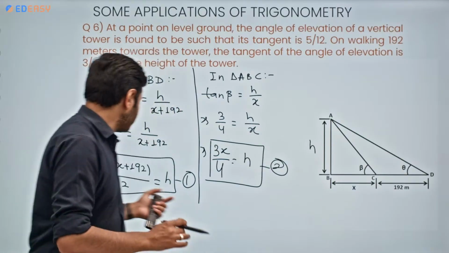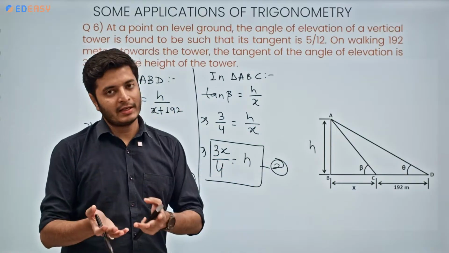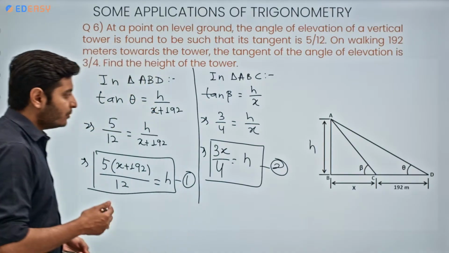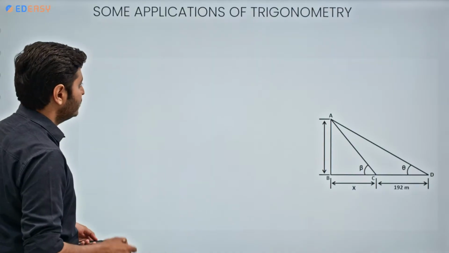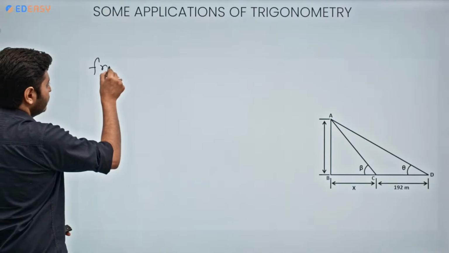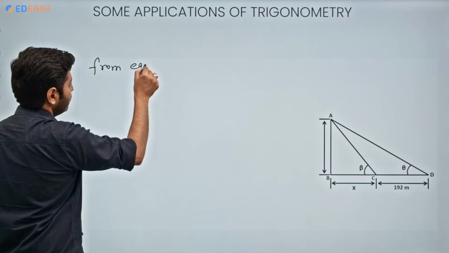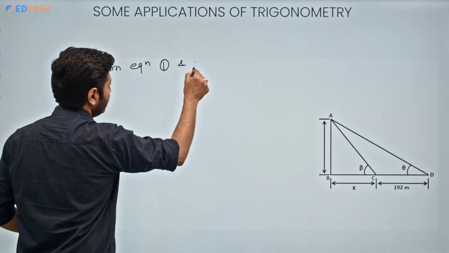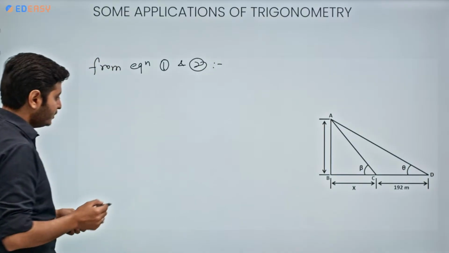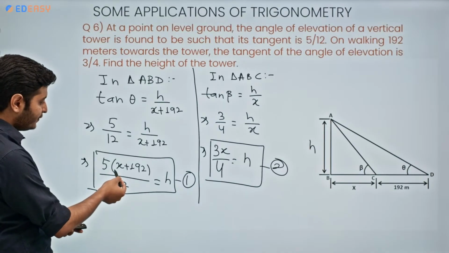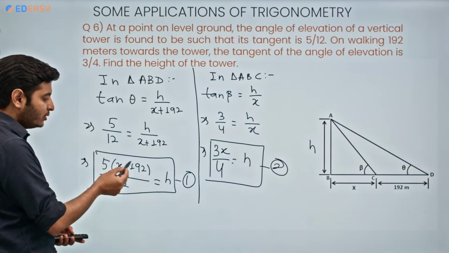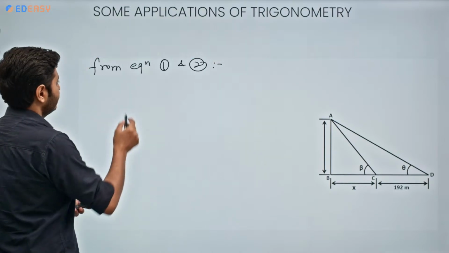Now you have two equations in terms of h. We can equate them, correct? So from equation 1 and 2, the first equation is 5 by 12 into (x plus 192).